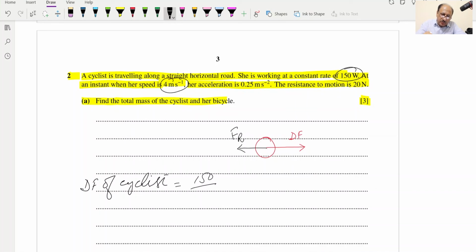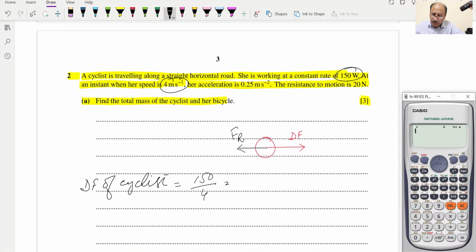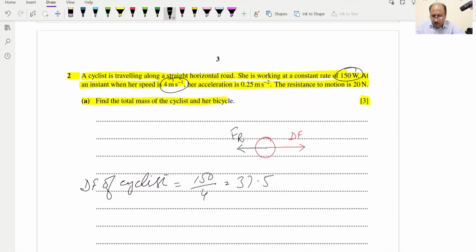This is the speed, so we can calculate, this will be 150 divided by 4 is equal to 37.5. So 37.5 newtons, this will be the force, and we can apply F is equal to ma, Newton's second law.